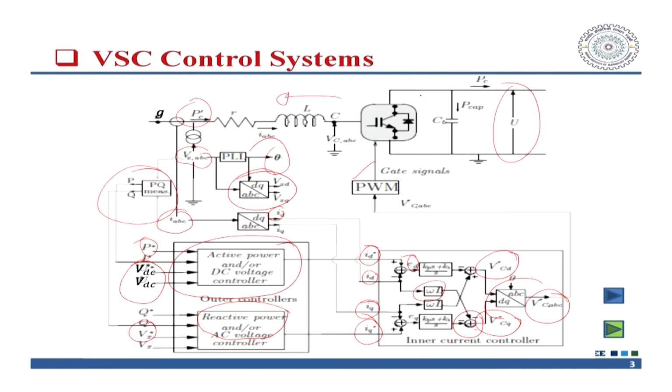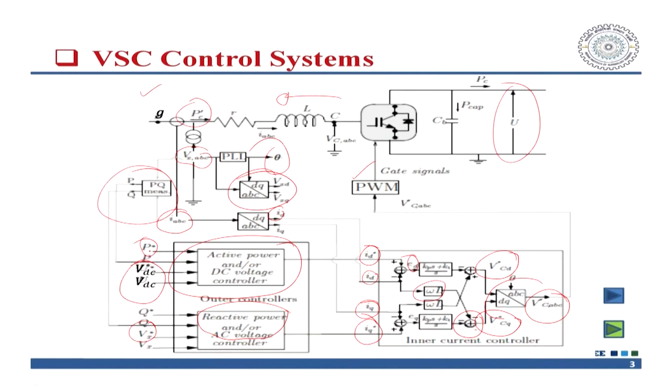This is the way to control your voltage source controller in grid connected way with active source or without active source. With active source, it has the power to inject the real power. If there is no active source, it cannot inject the real power.